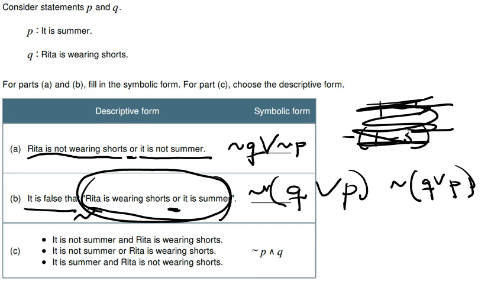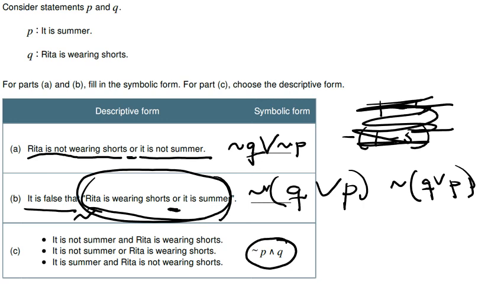Now, for C, we have the symbolic form. And since we have the symbolic form here to negate this, all right, so here we are negating P. The minus is not associated with Q. Look above. When we have the negation outside, we're negating the entire inside.